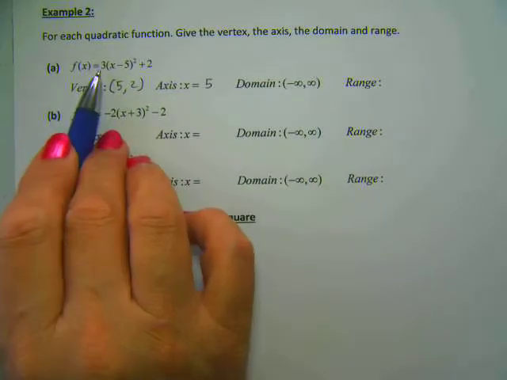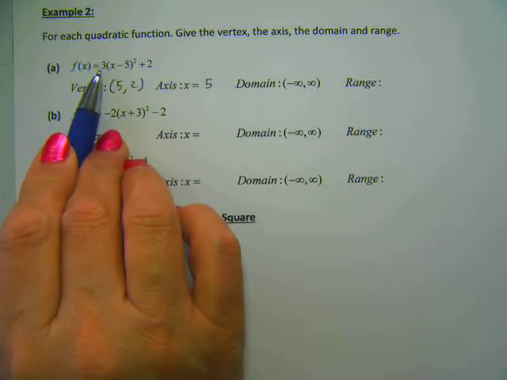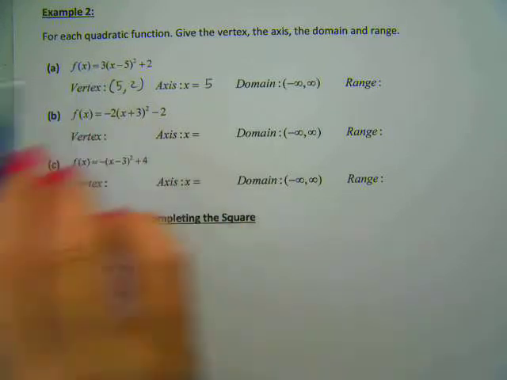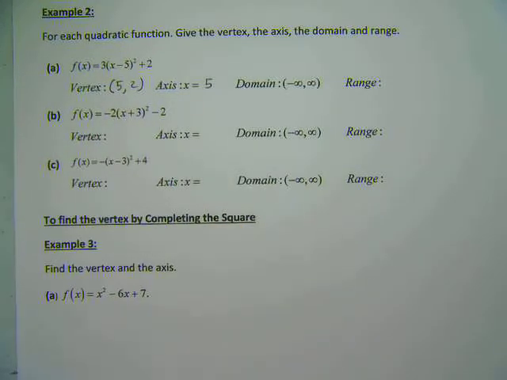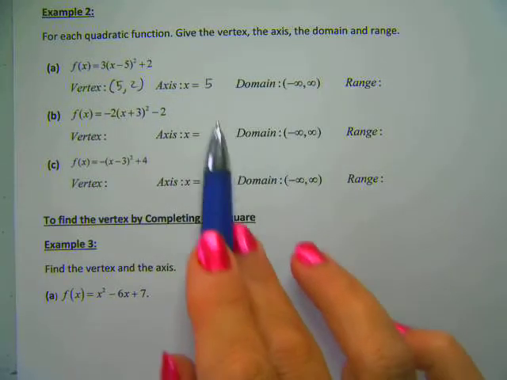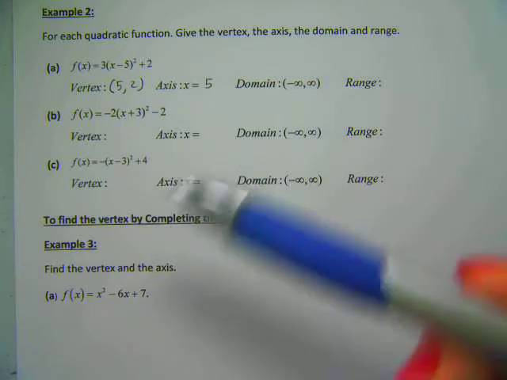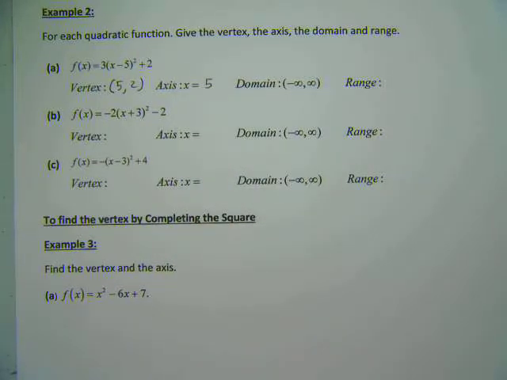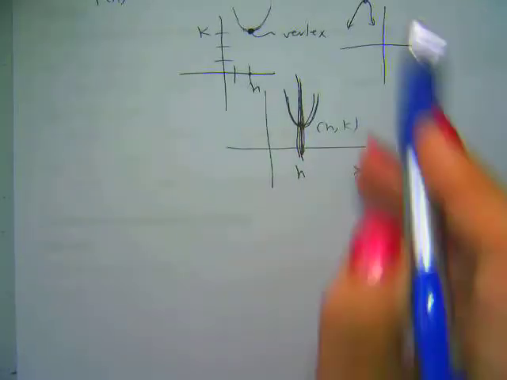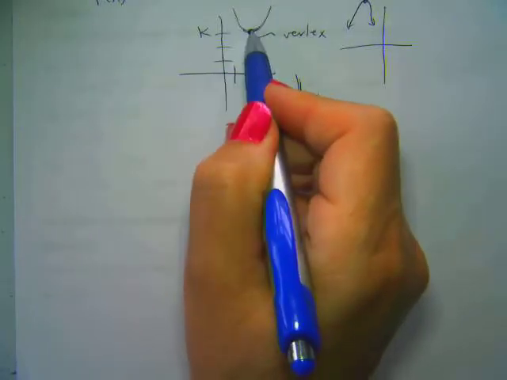And now, how would I know the range? Well, we're going to know the range from looking at the first coefficient. If it is positive, that means the parabola opens up, and that means the vertex is the lowest point. So if it opens up, the vertex is the lowest.